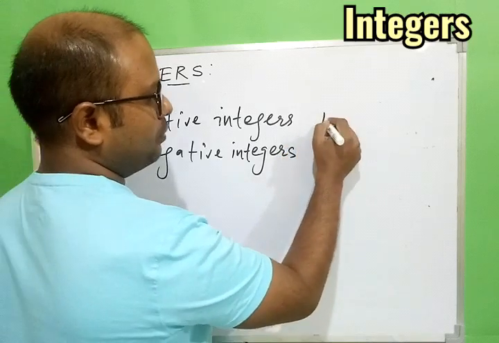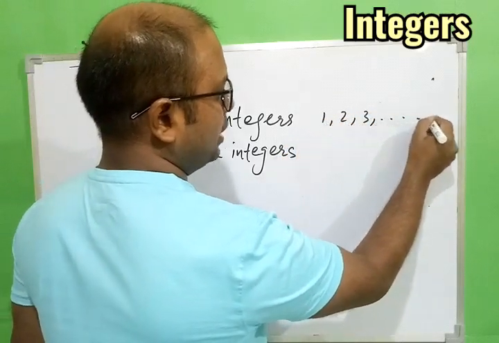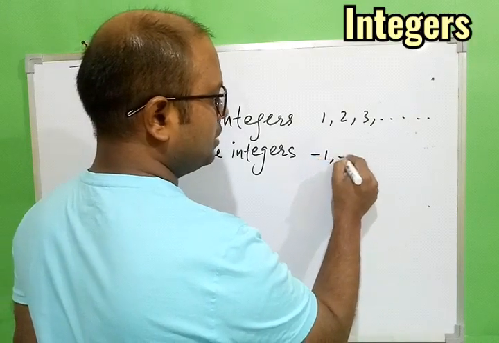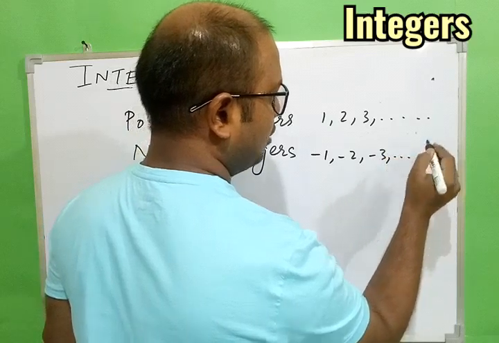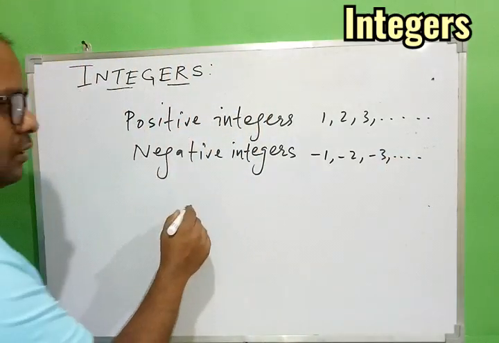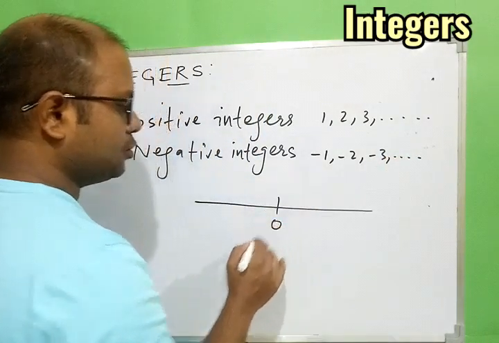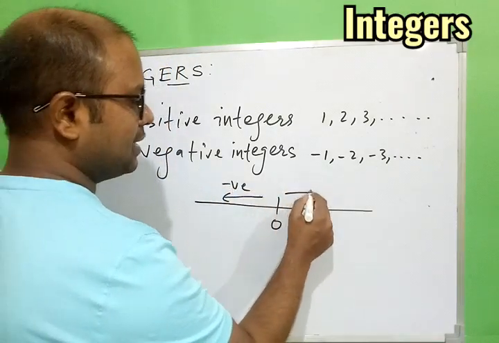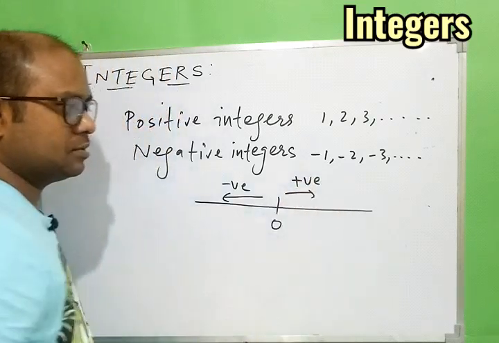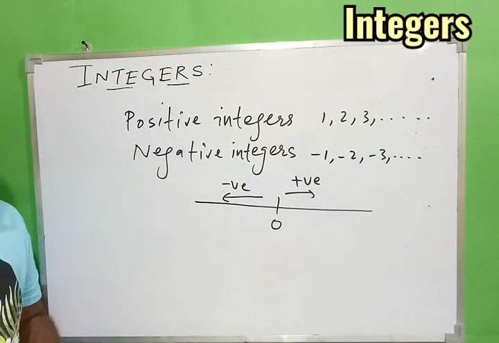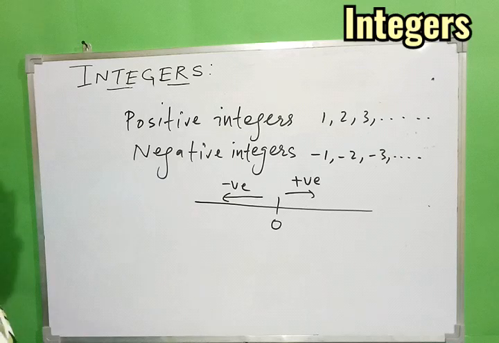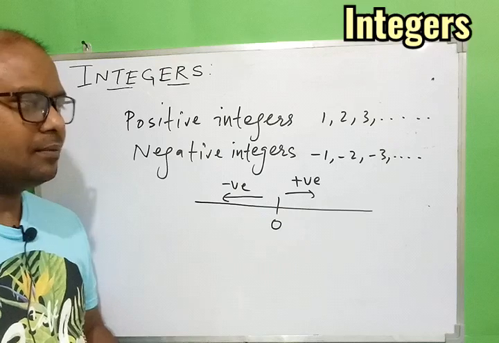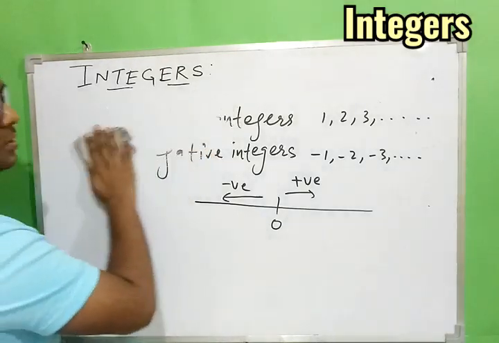Positive integers like 1, 2, 3, 4 and so on are all positive integers. -1, -2, -3, -4 are all negative integers. If 0 is at the center, this side we have negative integers, this side we have positive integers. So they are the two different types of integers, positive and negative. Right of the 0 we have positive integers, left of the 0 we have negative integers. I hope you understood this much.